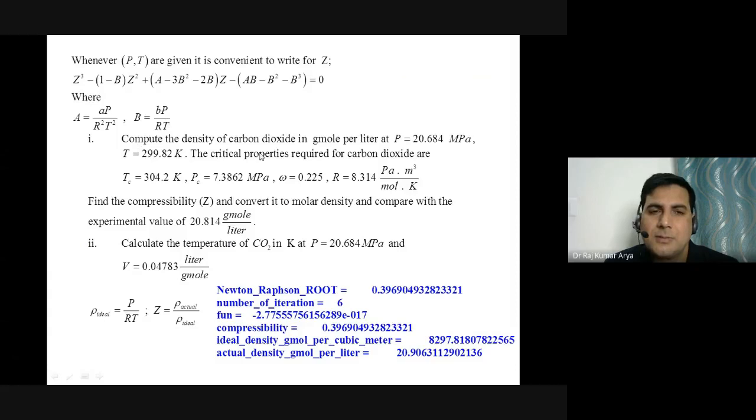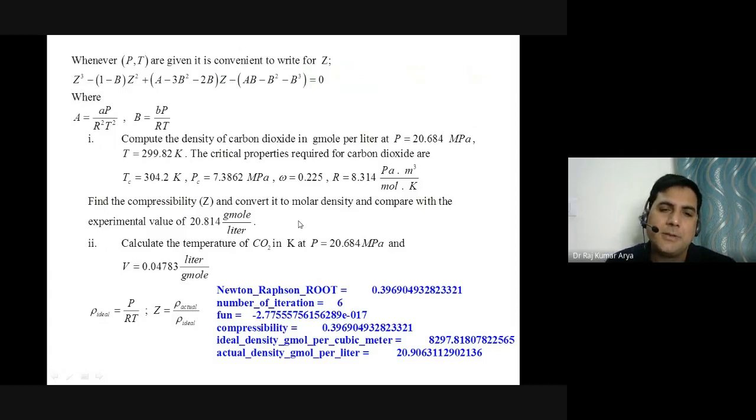You are supposed to calculate the density of carbon dioxide, where pressure is given, temperature is given, critical properties are also given to you. Find the compressibility Z and convert it into the molar density and compare it with the experimental value.